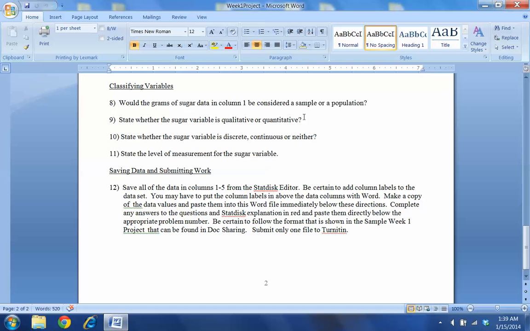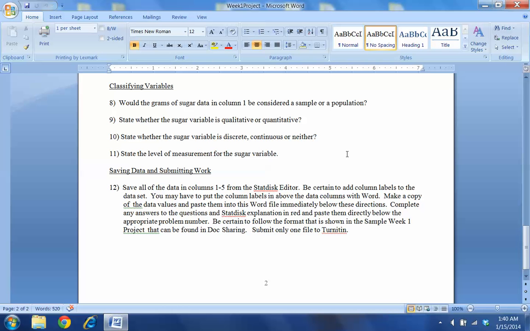Now here for project 1 under classifying variables, it asks, would this sugar data be a sample or a population? One thing to remember always is that if you have a data set, assume it's a sample unless otherwise told that it is a population. That's the idea of statistics.